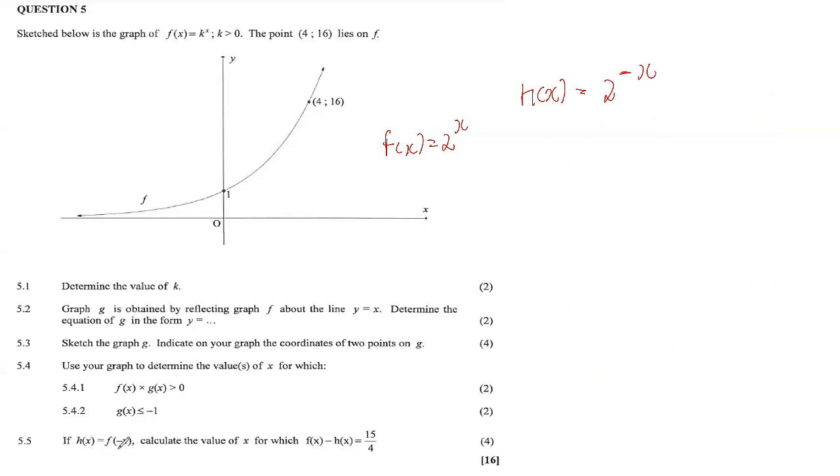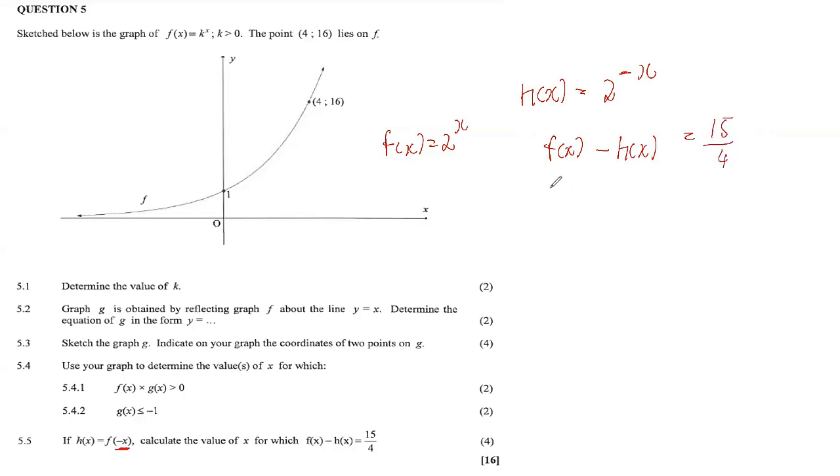As you can see here, they've indicated that we should make our x negative. Now remember, the question is: calculate the value of x for which f of x minus h of x is equal to 15 over 4.